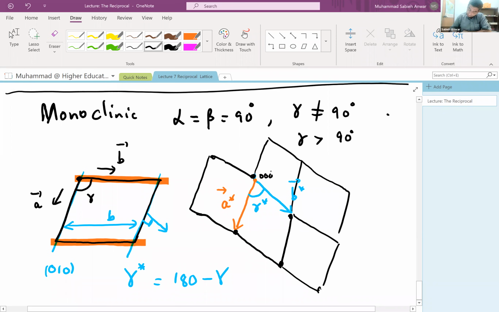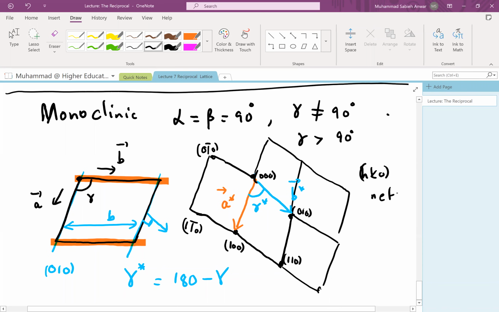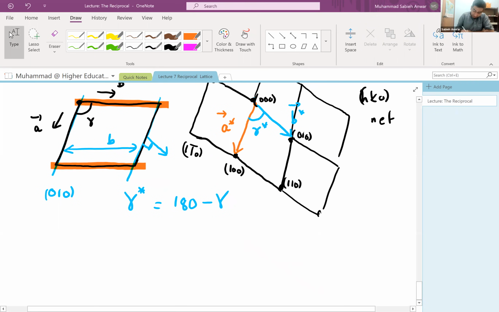So this is 0, 0, 0 plane. This is 1, 0, 0. This is 0, 1, 0. This is 1, 1, 0. This would be 0, 1 bar 0. This would be 1, 1 bar 0, and so on. So this is a net in the L equals 0. So this is an HK0 net in the reciprocal space. All right. So A star and B star and C star need not be mutually orthogonal to one another.